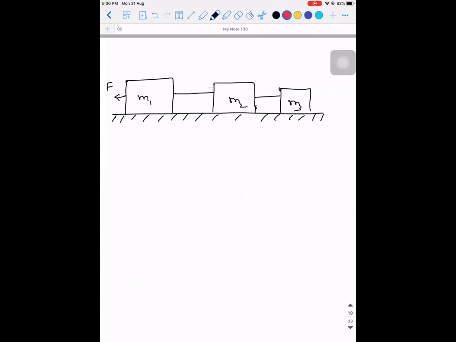Is this clear? Now my work is to find the acceleration of each block. So your answer should be in terms of F, M1, M2 and M3. So that is what we need to do.